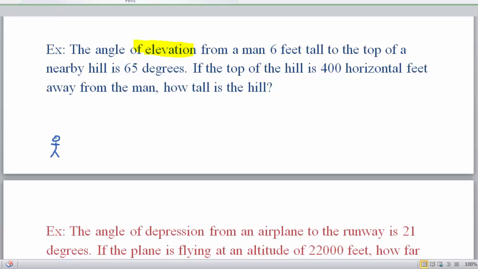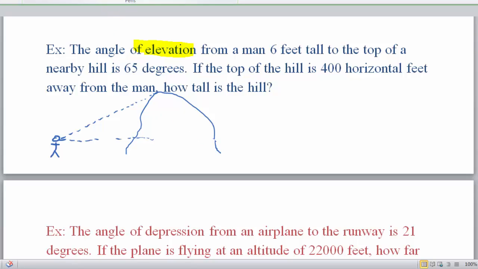So again, it's measured against the horizontal, and he's looking up at this hill, and let's say here's the hill. It looks like a big rock, but we'll consider it a hill.